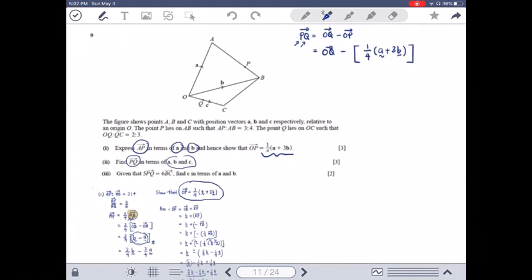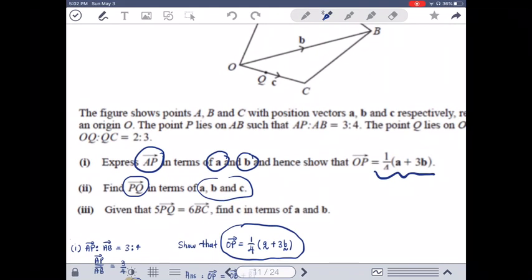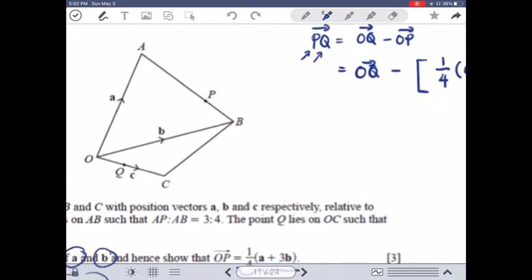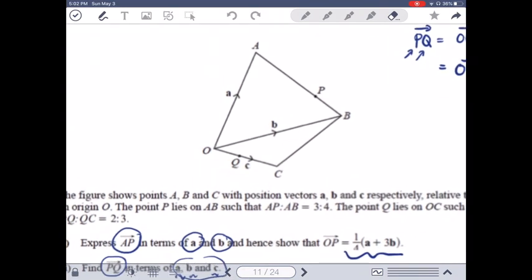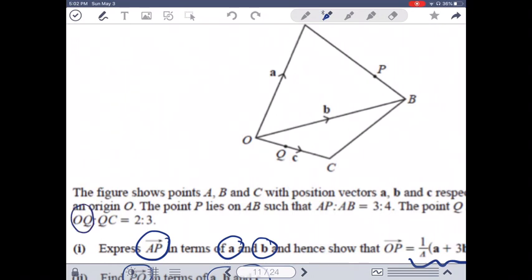If you look at the question, it wants to find PQ in terms of A, B, and C. So maybe the term C here is in OQ. So if you see OQ and OC, right? If you see the relationship given from the question, it is given that OQ is 2 parts, then QC is 3 parts. So this is 2 parts, this is 3 parts, then the total parts are 5 parts.